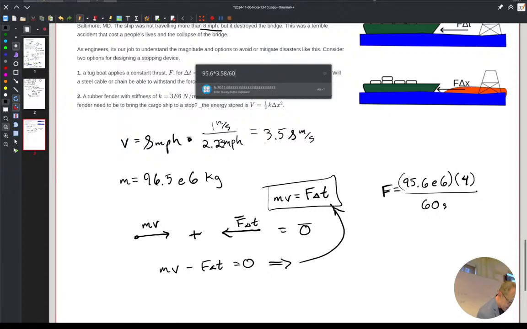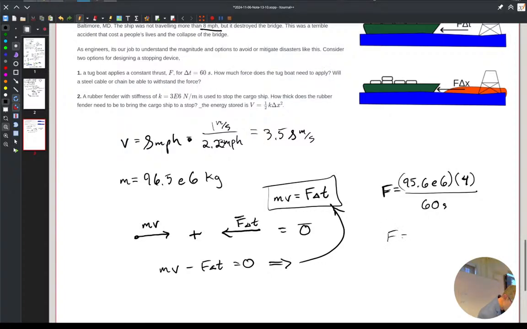So 5.7 E6 newtons. So it would be 5.7 E3 kilonewtons, 5.7 meganewtons.